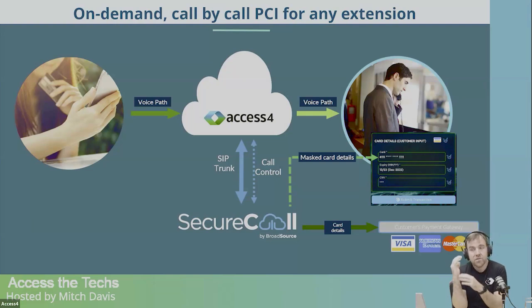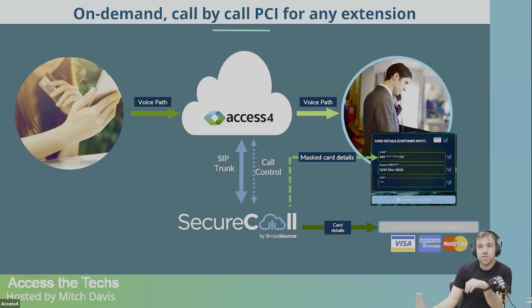So they make sure the bank details are correct. So you as the reseller, as the partner, don't have to worry about that. We don't have to worry about that. That's all being done by the customer as well. And then when the agent takes that call, they select where it needs to go to, and that's all they need to do. They don't have the ability to enter that in manually or anything along those lines either. So very secure from that side of things.